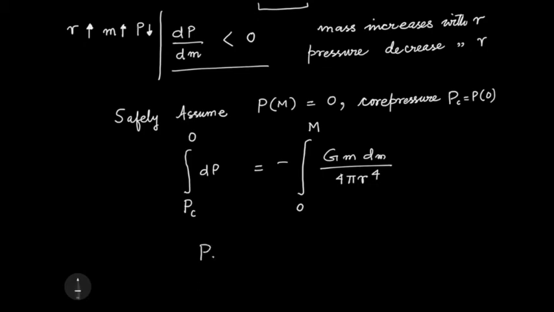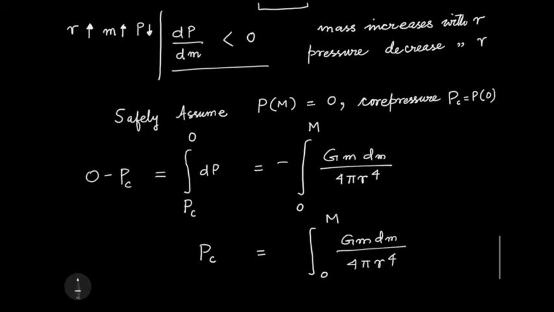So the left hand side is 0 minus PC essentially. So I get PC is integral 0 to M of GM dM by 4 pi r to the 4.